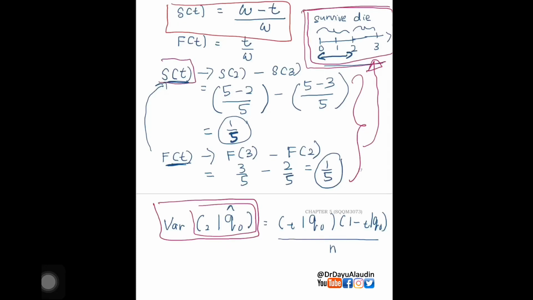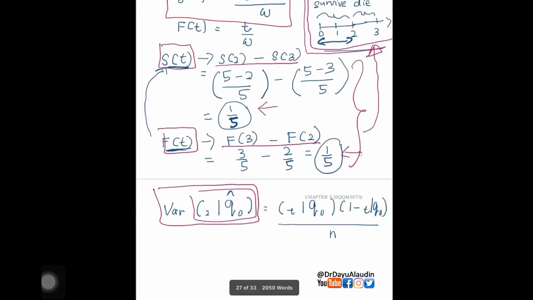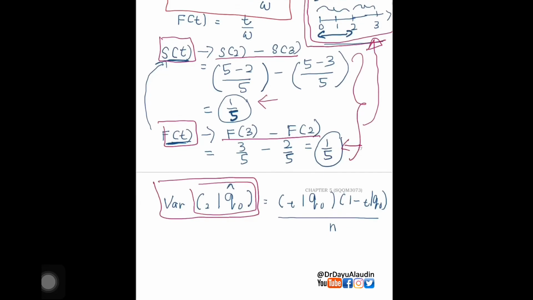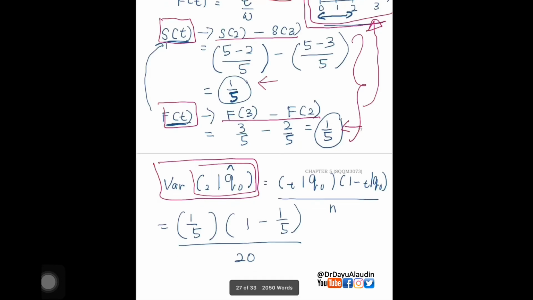If you use S(t), you have to use S2 minus S3. If you use F(t), F3 minus F2. You still get the same answer. Then you substitute 1 over 5, 1 minus 1 over 5, and n is equal to 20.